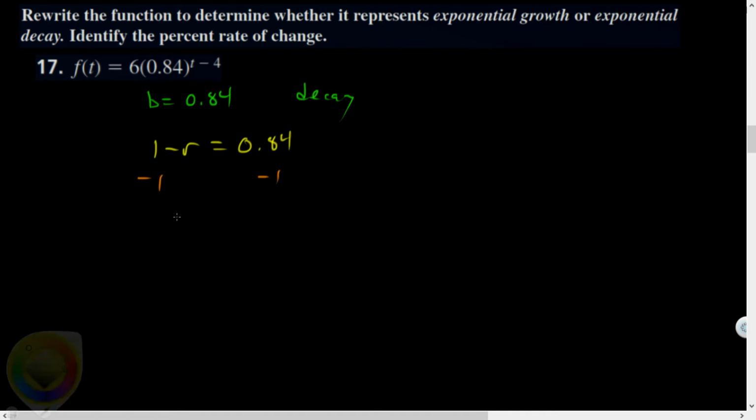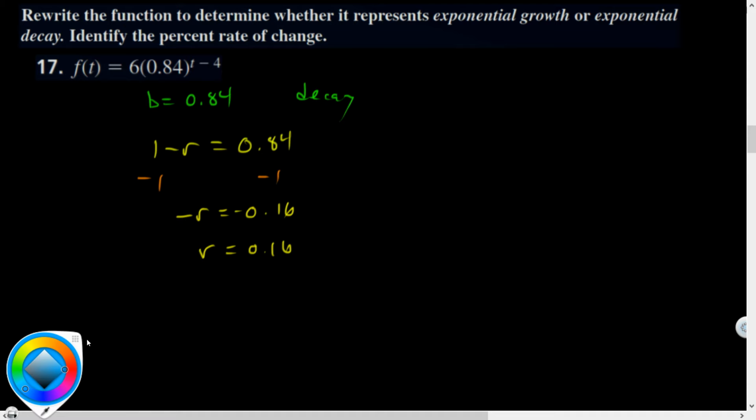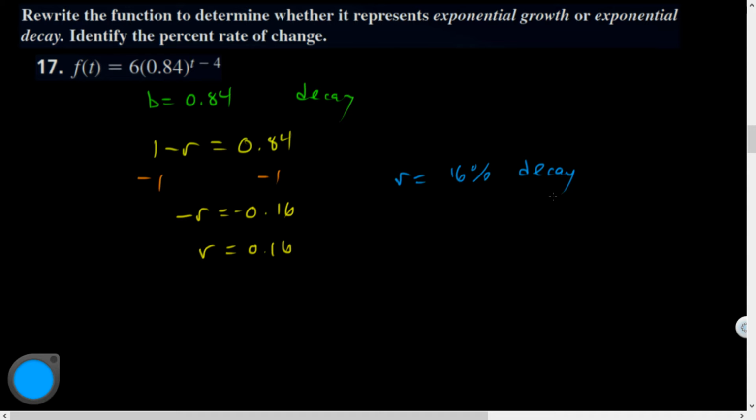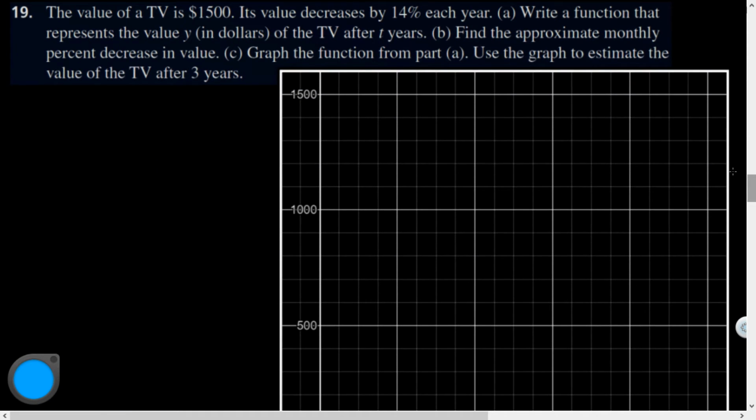I'll have minus r is equal to negative 0.16, so positive r is equal to 0.16. So that means r is a 16% decay rate. Okay, that's that. Let's see, last problem.